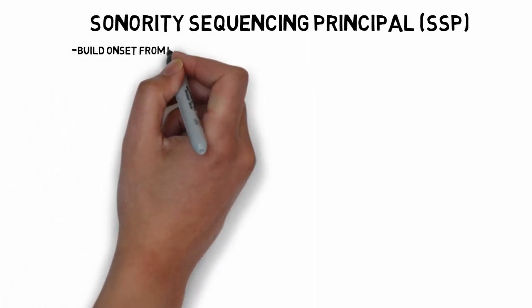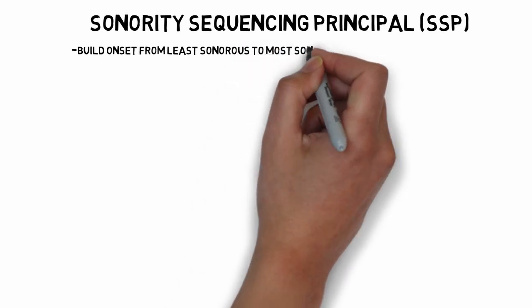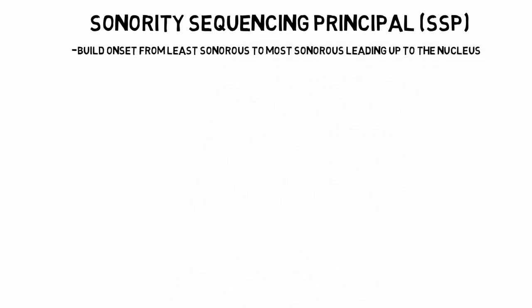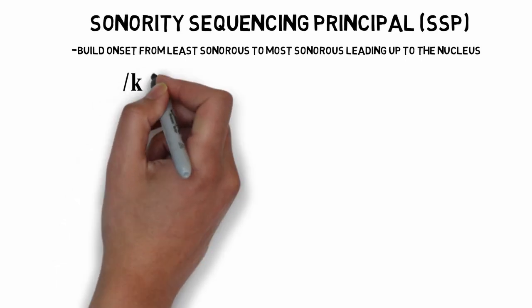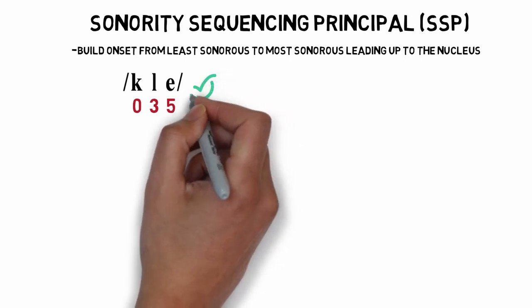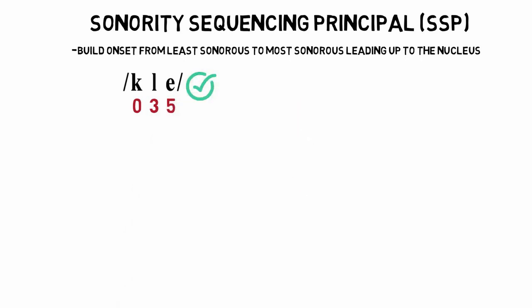The SSP tells us that syllables tend to build from the least sonorous to the most sonorous, leading up to the nuclei. This means that something like clay is a fine syllable in English, as it goes from a 0 to a 3 to a 5. There's a steady rising peak.